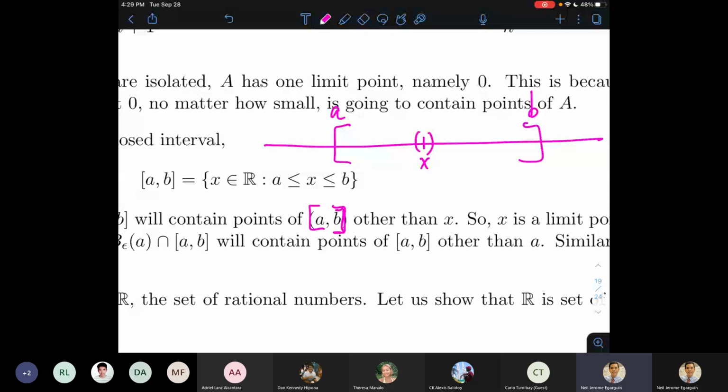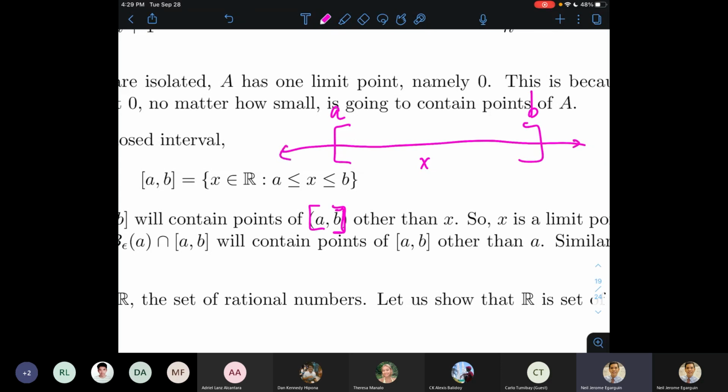So that means X is a limit point. So every interior point or any element of the open interval AB is a limit point of the closed interval AB.